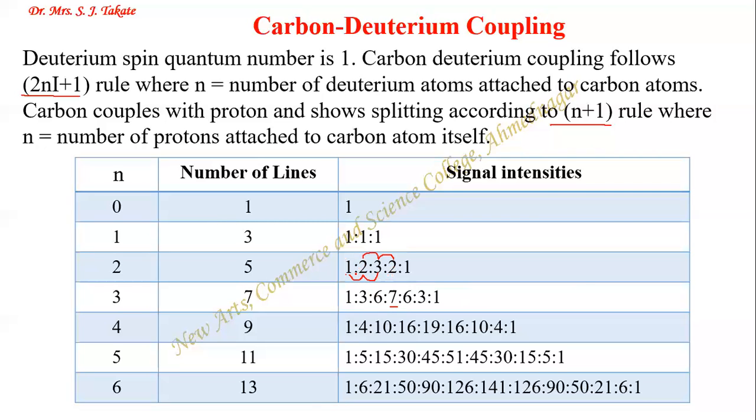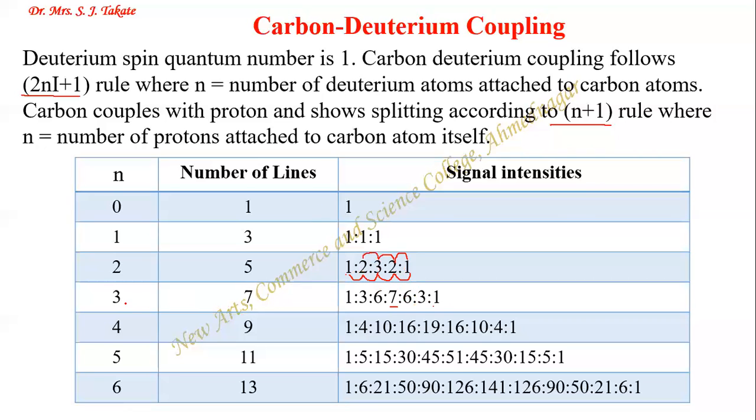Then skip the first as well as the second, then add 3 plus 2 is 5 and plus 1 is 6. Then I skip the third one and just 2 plus 1 is 3, and the last one is 1 as it is. This is how we can get the signal intensities.